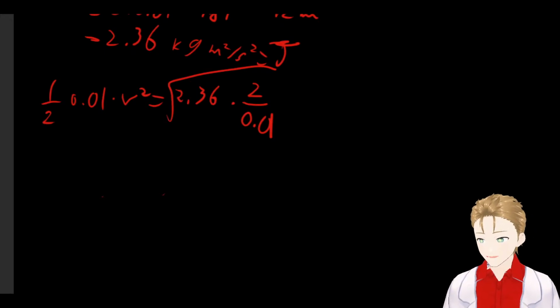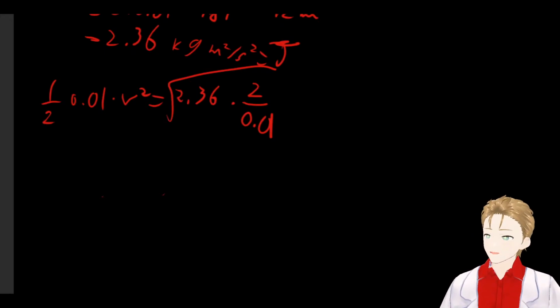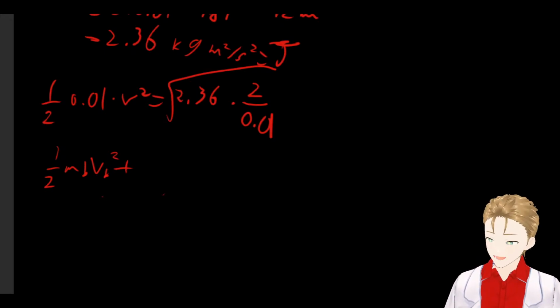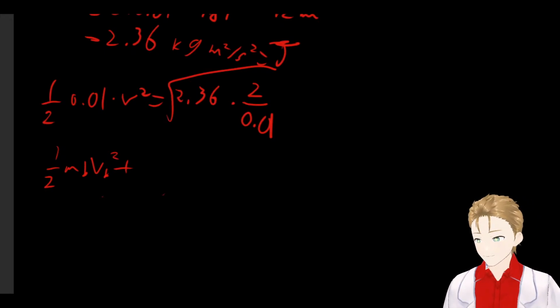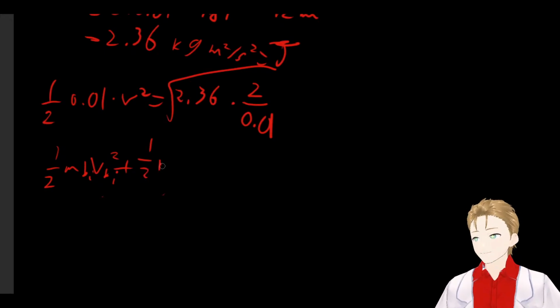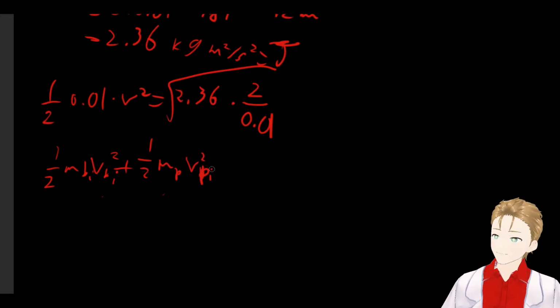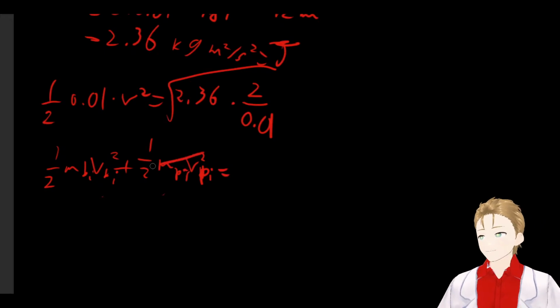Well, that's final. I don't want those. Basically, okay, let me use 1/2 mass of bullet velocity squared plus... Wait, is it times or plus? Well, these are initials. Pendulum initial equals, well, this is 0.